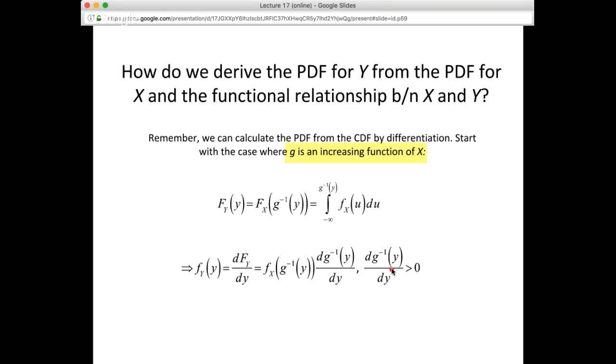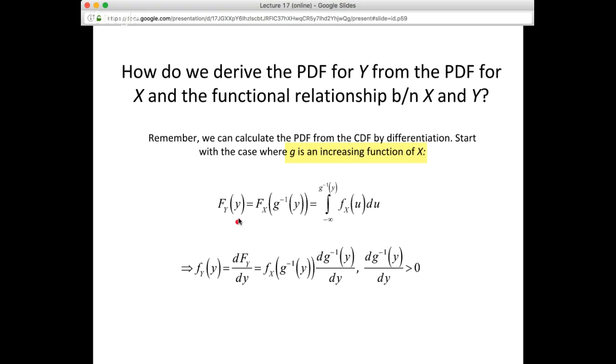Now the crown jewel here is that we'd like to derive the corresponding PDF for y. We've derived the CDF for y, and the CDF and the PDF are related through differentiation. So the strategy is to express the CDF of y, then take the derivative of it and use the fundamental theorem of calculus.